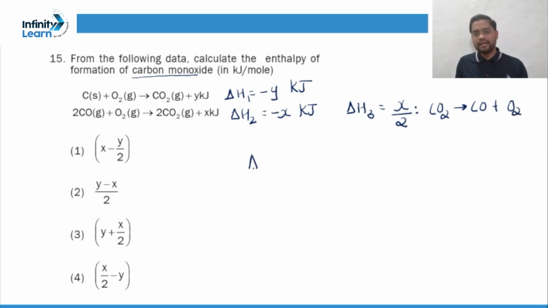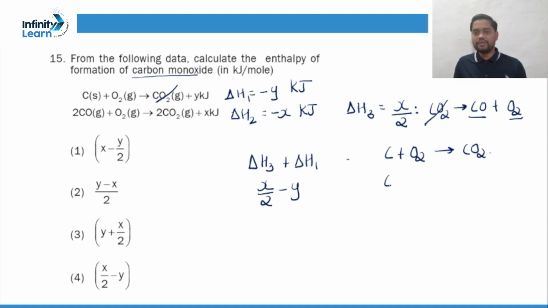Now I need to add delta H3 plus delta H1. If I add delta H3, that is x by 2, and delta H1, that is minus y, the CO2 and CO2 will get cancelled. Carbon plus oxygen gives you CO2, and over here CO2 gives you carbon monoxide plus oxygen.